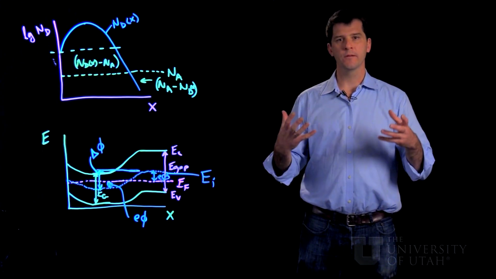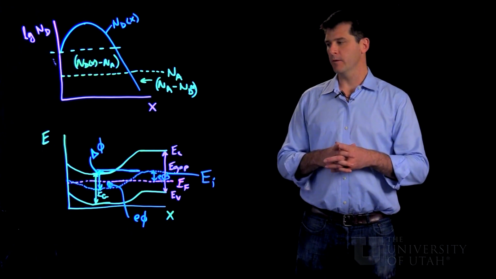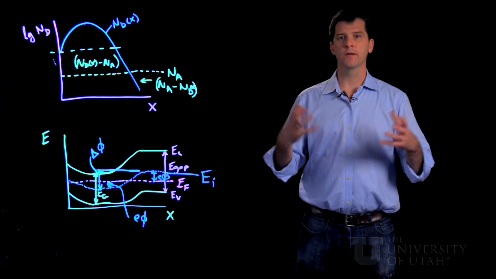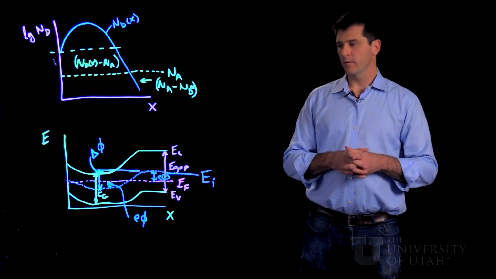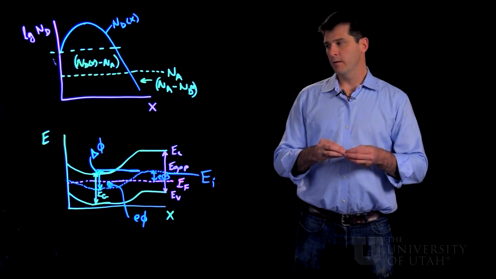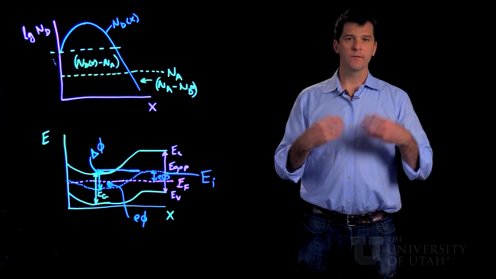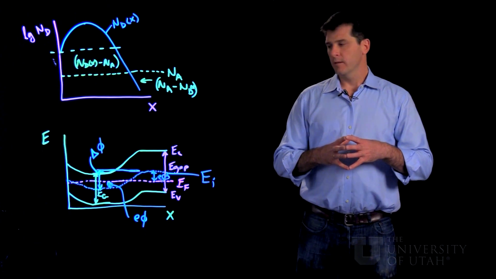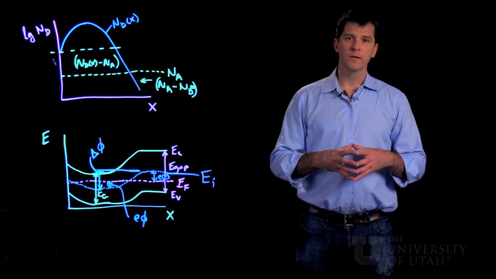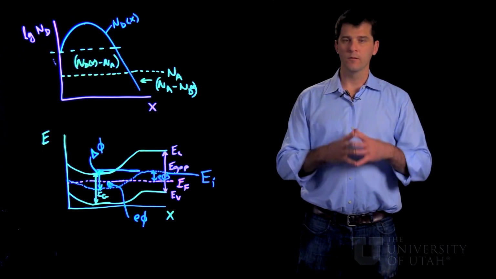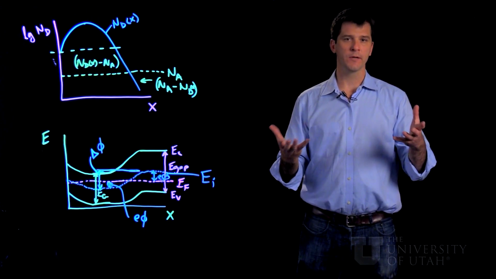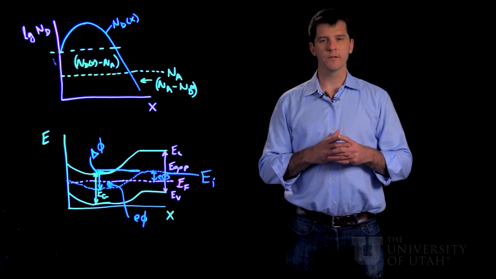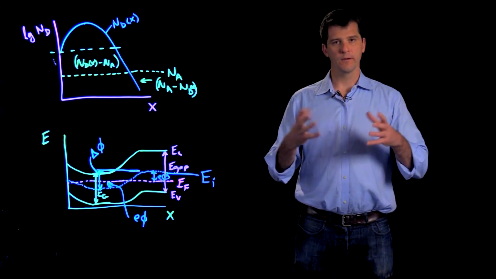So we'll return to this theme again and again throughout the course when we investigate p-n junctions and transistors and other types of devices. It's always important to remember that the difference between the Fermi energy and some reference energy is intimately related to the density of carriers at that local point. And we can choose either a conduction band or valence band edge or the intrinsic, the position of the intrinsic Fermi level as our reference energy.